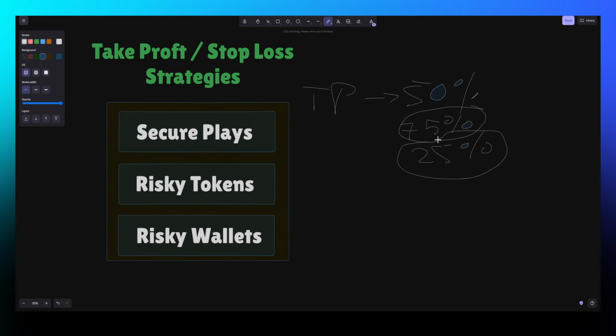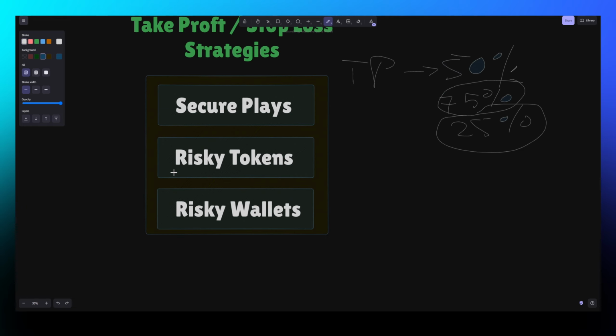The rest, it's moonbag. Next up, we have the risky tokens, and this strategy really depends on the quality of the traded tokens. If you see that the token is highly volatile, which means that it has a lot of quick pumps and dumps, you can either stay out of it or trade it very carefully. To do so, you can set a take profit once again around 50% after a 75% pump.